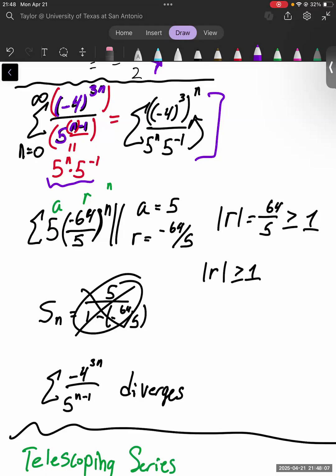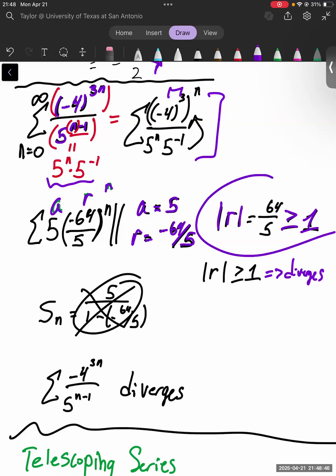Then doing a little bit of rearranging, what we end up with is our a term, our r, and then our n is right here. So in this case, a equals 5, r equals -64 over 5. And a nice little rule about the geometric series is that if the absolute value of r is greater than 1, then it diverges. In this case, -64/5 is indeed greater than 1 in absolute value, so our series diverges.